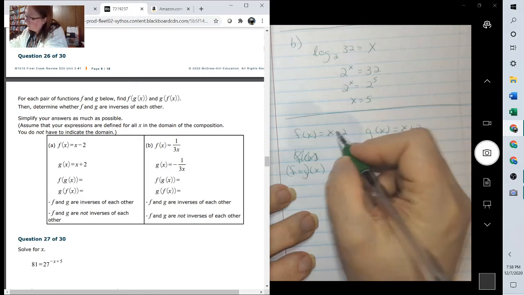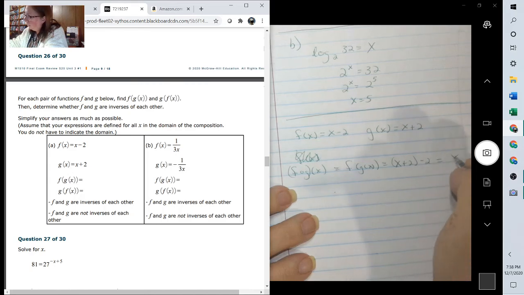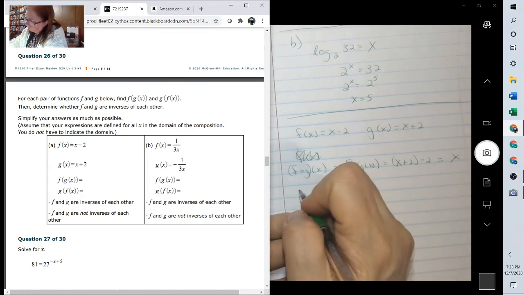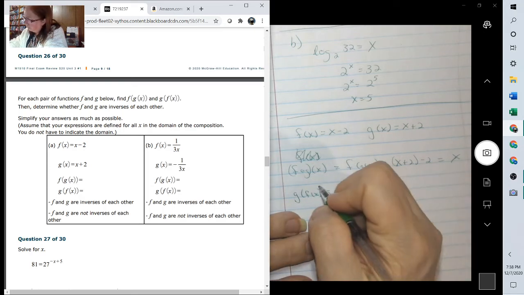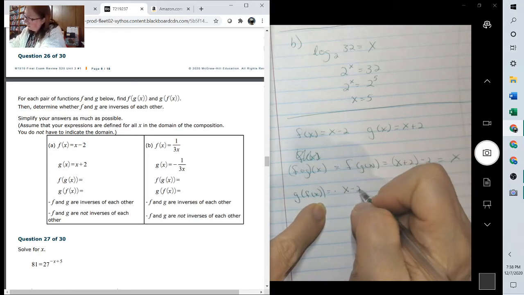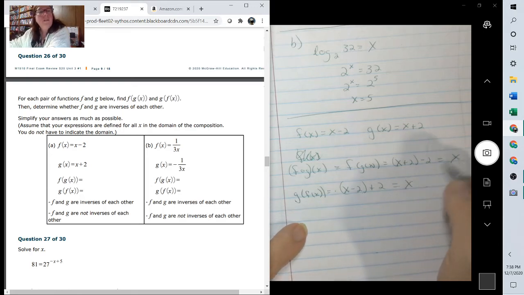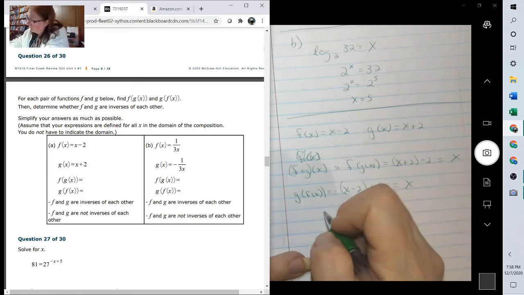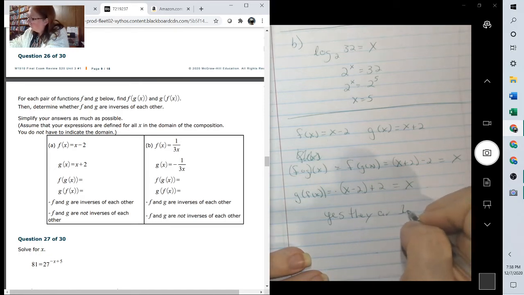So we're taking this one and plugging it in here. We get x plus 2 minus 2, which is x. If we go the other way, plugging this one in here, we get x minus 2 plus 2, which is x. Since both of those are x's, they are inverses.